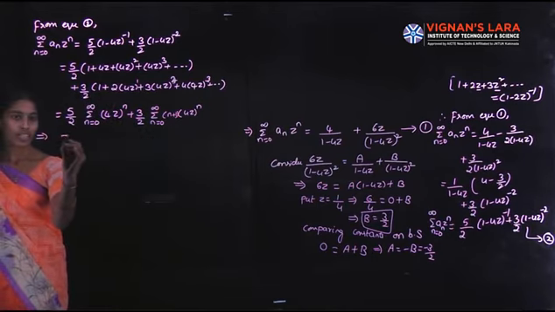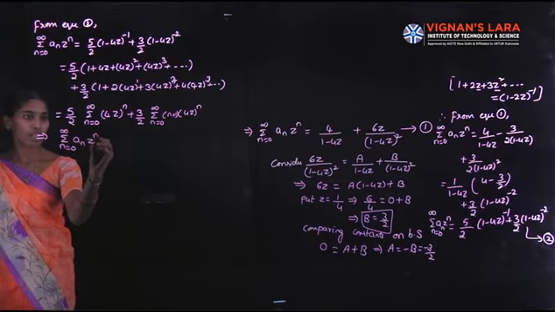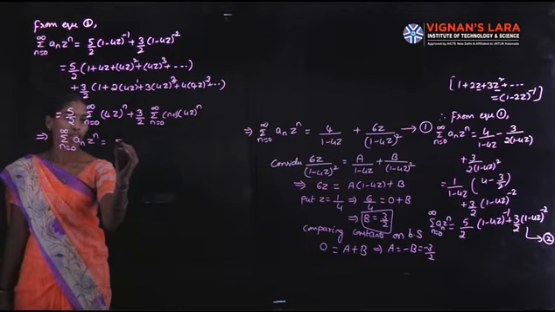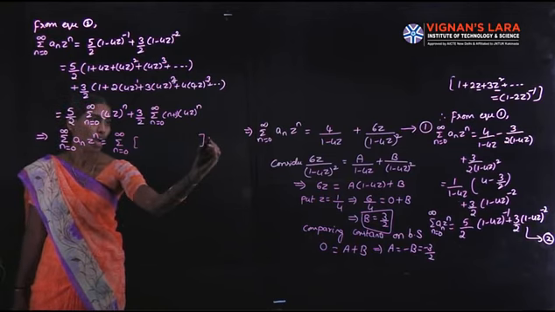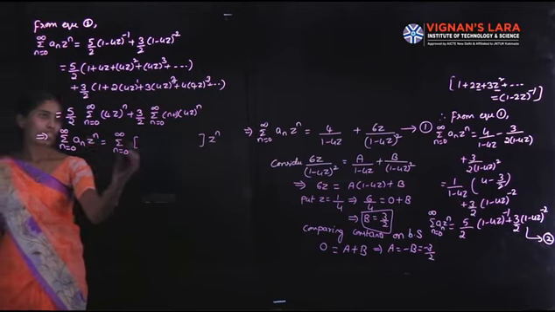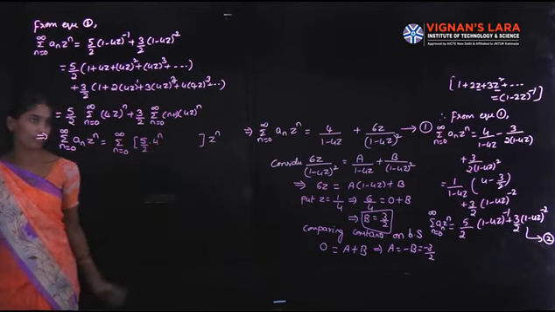So LHS sigma n equal to 0 to infinity a_n z^n is equal to, on the right side, taking common sigma n equal to 0 to infinity z^n from both the terms. First term 5 by 2 into 4 to the power n.